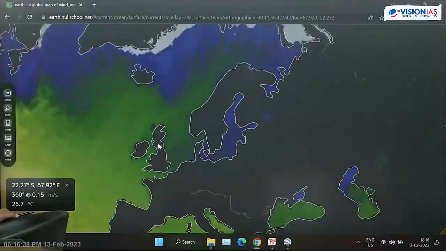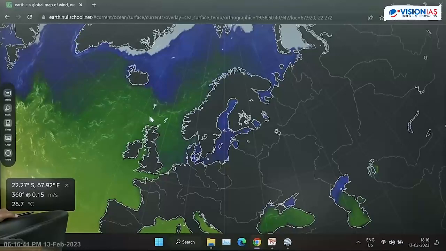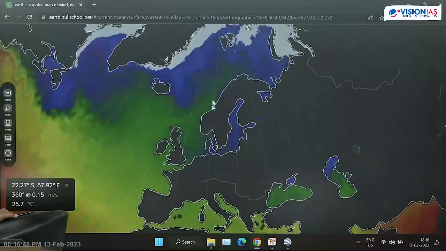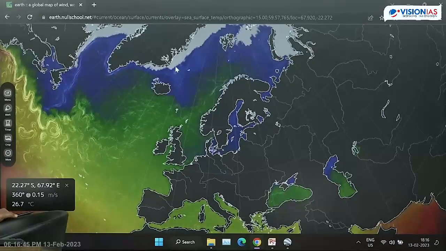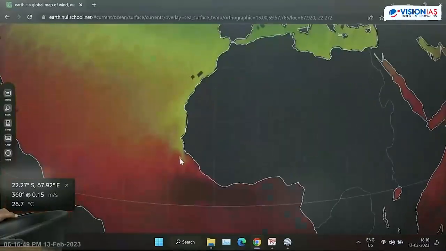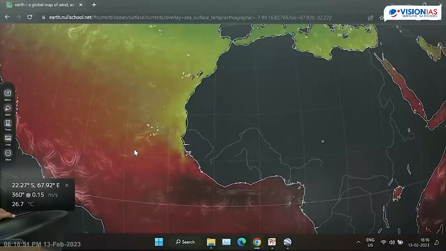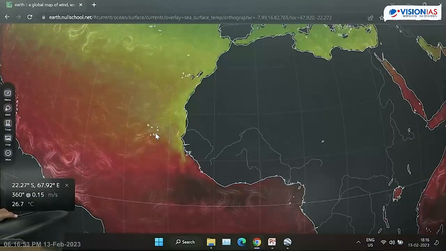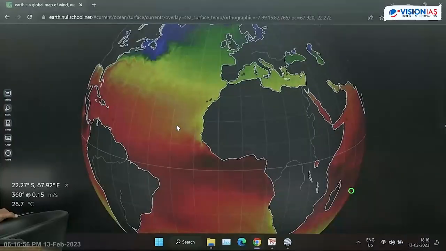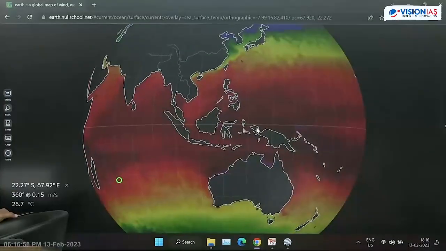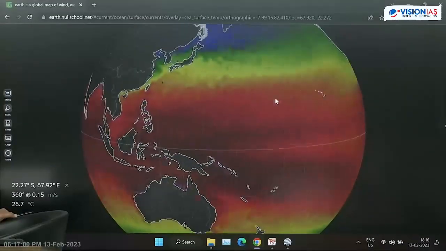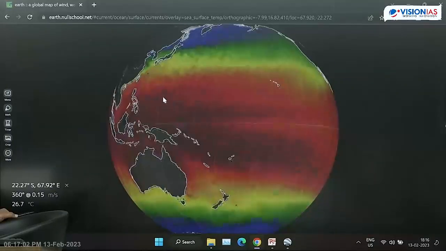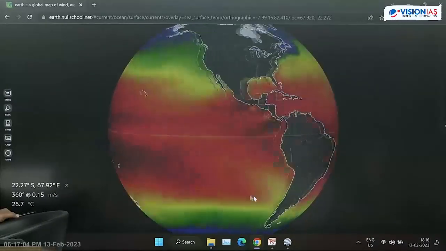Norwegian current देखो यहाँ तक चला गया. So can you see the same water moving towards here? Why it is called as warm? Because यहाँ पर इतना ठंडा है surrounding region में. This is warm. The same water moving towards the south, it is called as cold because here it is much higher temperature. Right? So you can explore rest by yourself.